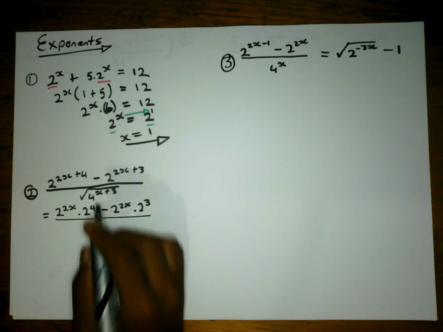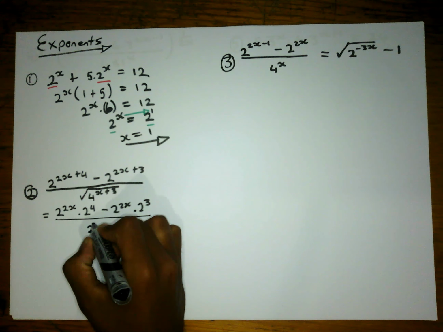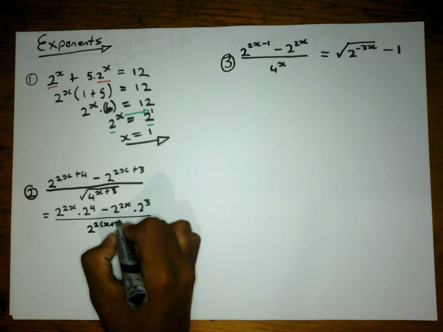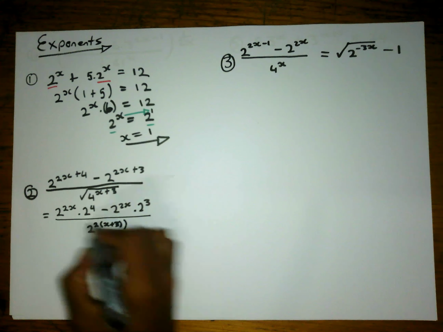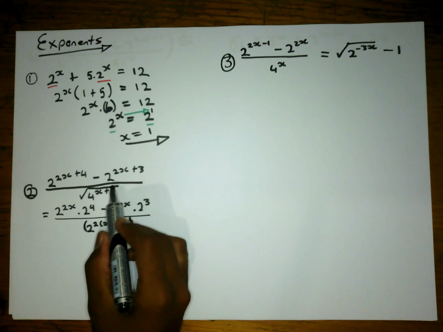Let's simplify the bottom also. So this is going to be 2 to the power 2 in brackets x plus 3. In bigger brackets, 1 over 2 with the square root.